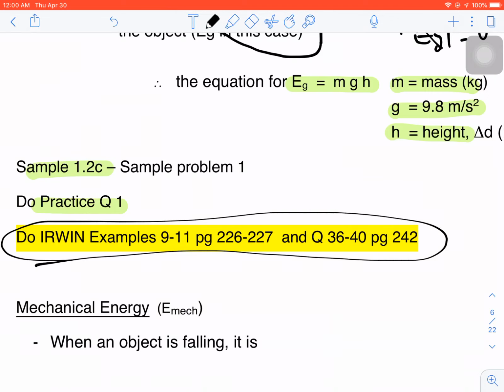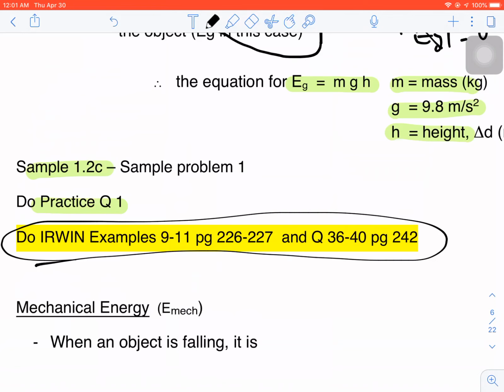Read the question for yourself and do them on your own, and then go back and do questions 36 to 40. Those 5 questions, there's 1 or 2 in there that are really tricky. I think 39 and 40 or 38 and 40 are really, really tricky. You'll kick yourself when you see how easy they are, but to read them, it doesn't seem to make sense.